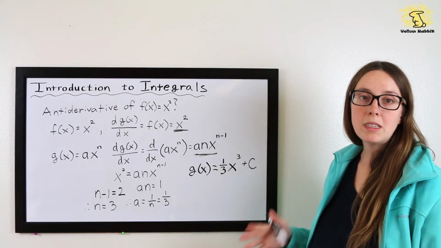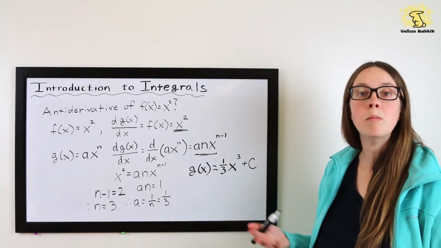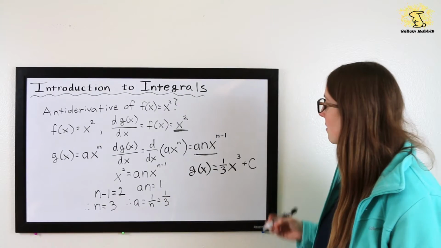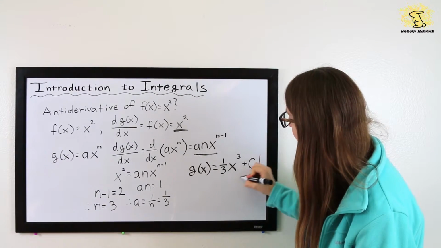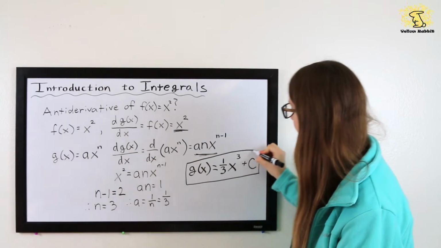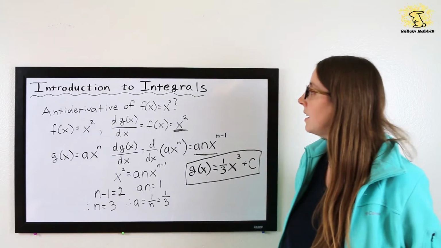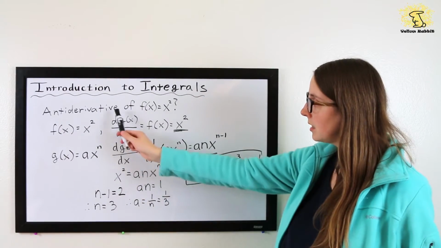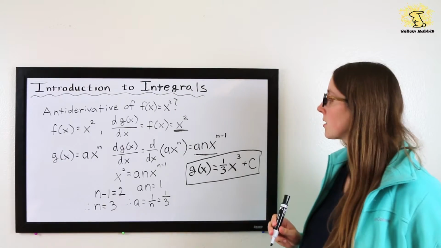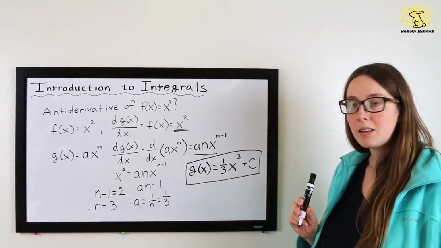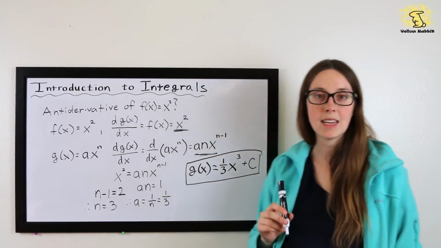This c could be 0, or it could be 1, it could be -1, any constant value. Now we've successfully answered the question, what is the antiderivative of x squared? It is 1/3 x cubed plus c.